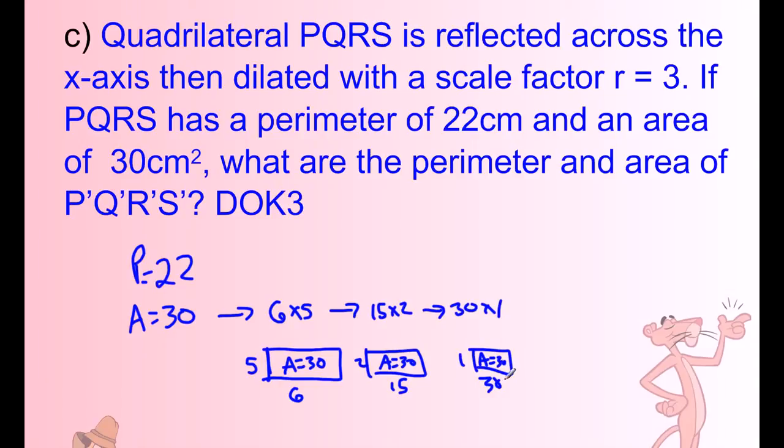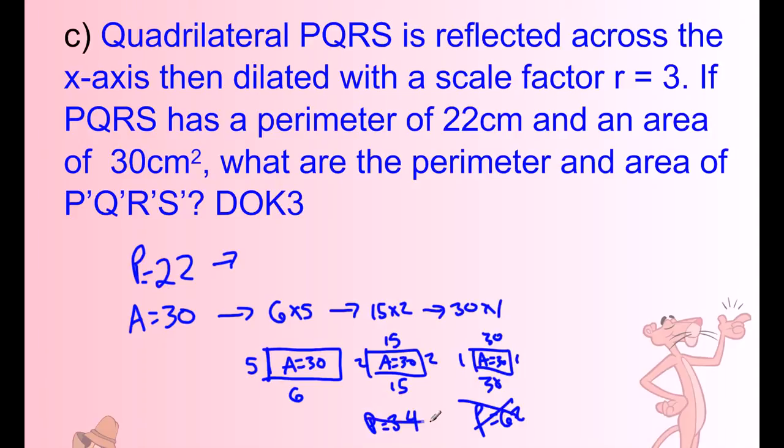Now, if I'm lucky, maybe one of these three would give me a perimeter of 22. Let's see. 30, 30, 1, 1 would give me a perimeter of 62, so that's not going to work for us. 15 and 15, 2 and 2 is 34.